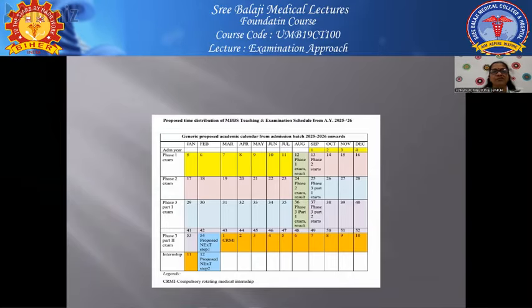So this is the proposed time distribution of the MBBS teaching and examination schedule for the 2025-26 batch. For the phase 1 examination, you will be having the university exam during August 2026, and phase 2 you will be having at the end of 12 months.